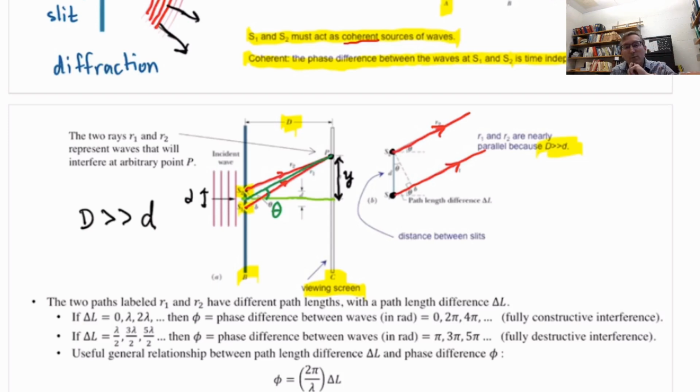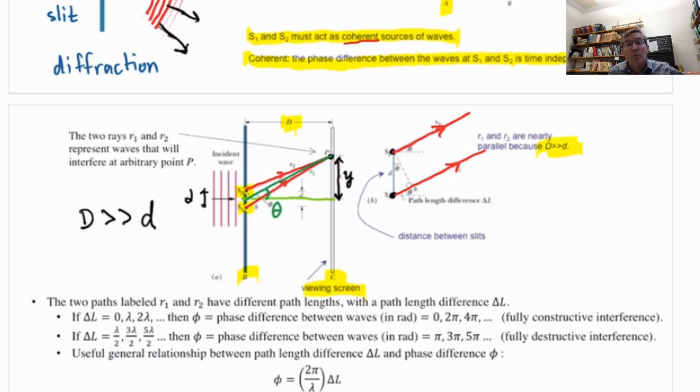So I have two light waves, and there can be a phase difference between the light waves merely because the waves that travel from S1 and S2 to get to the point P can travel different distances.